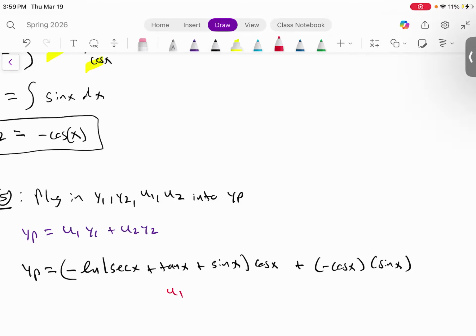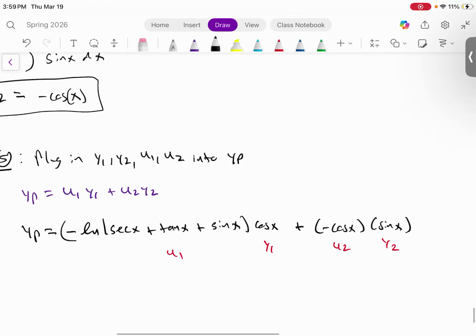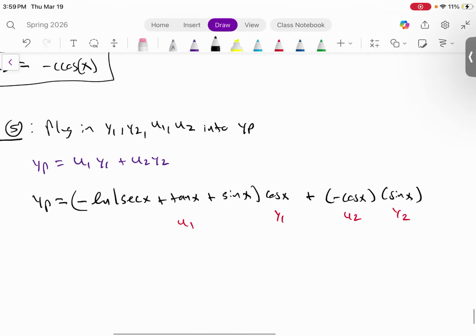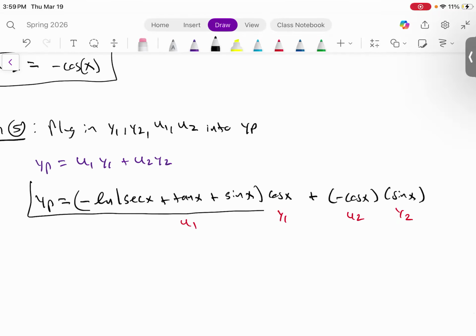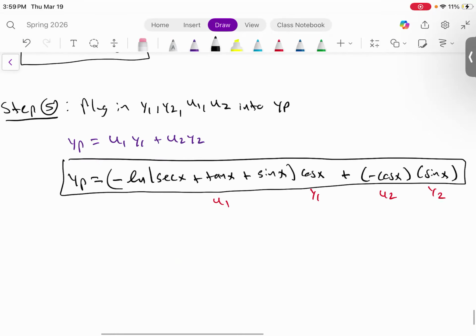So remember, this is u1 y1, u2 y2. So that's my particular solution.